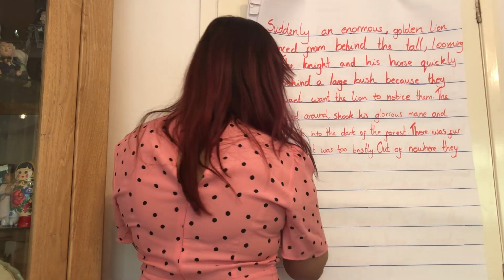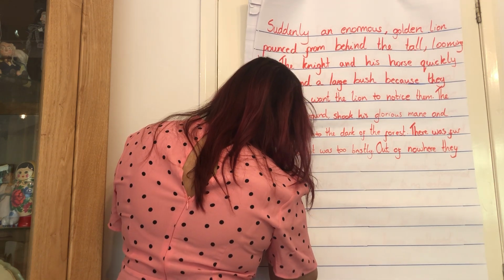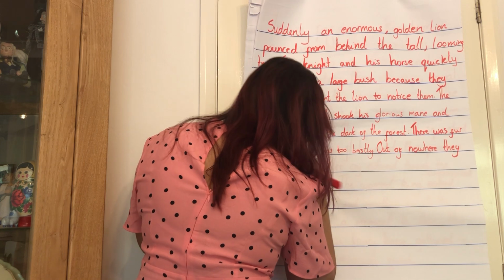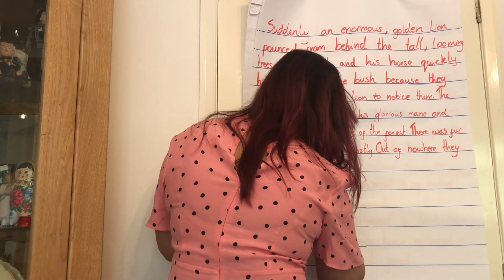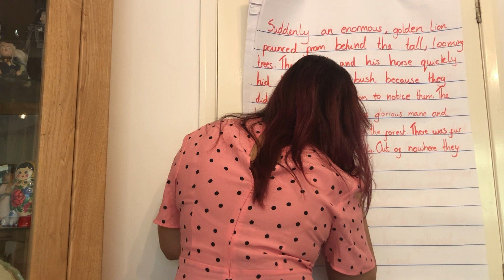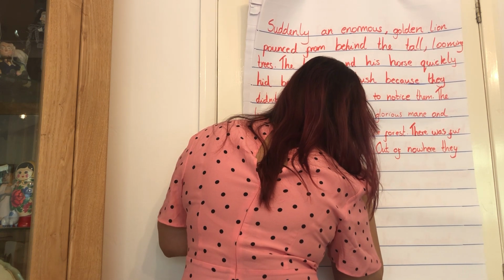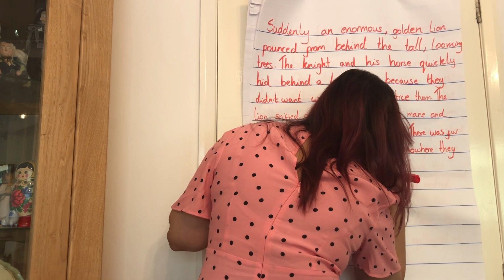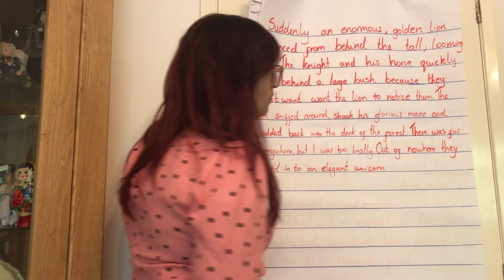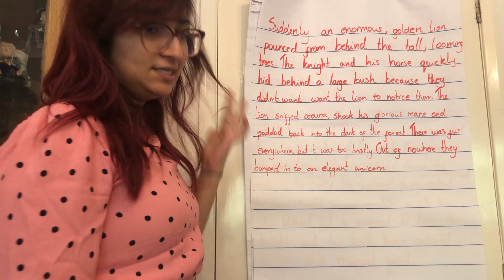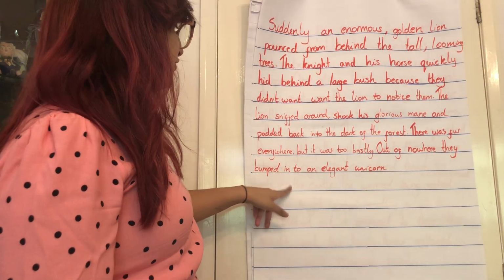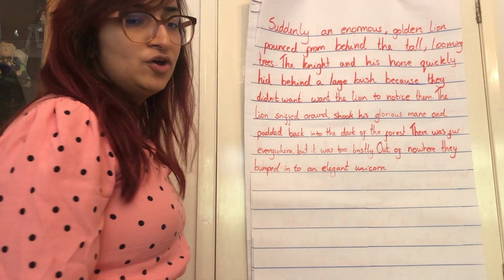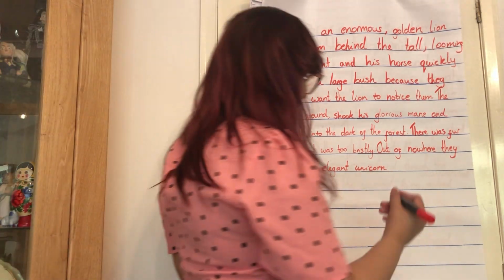Out of nowhere they bumped into an elegant unicorn. And what did the unicorn do? She said she could help them. So, out of nowhere, they bumped into an elegant unicorn who said that she could help.